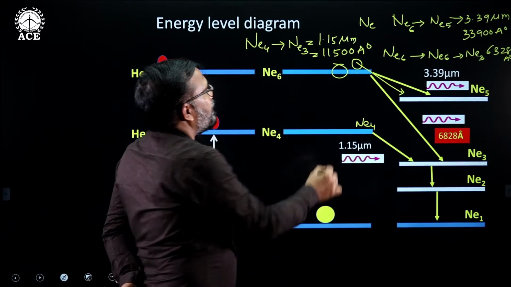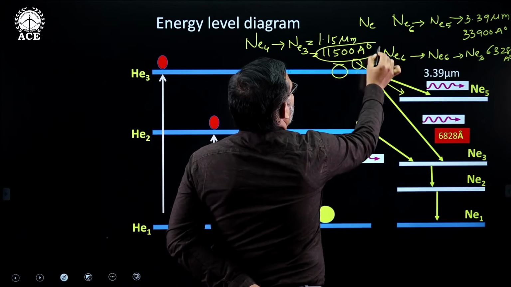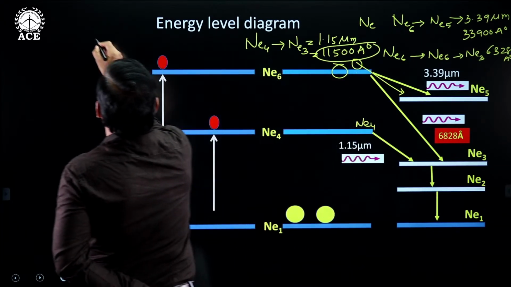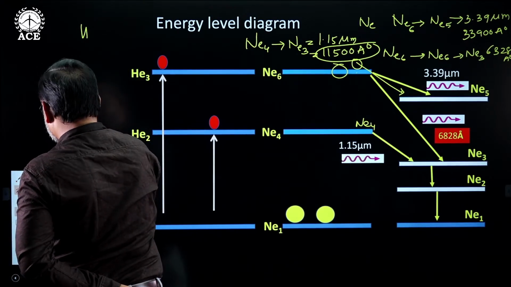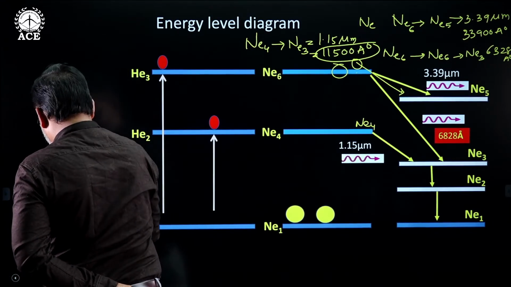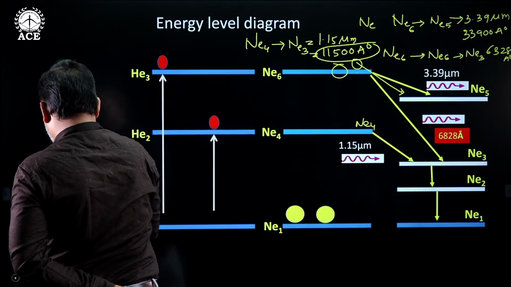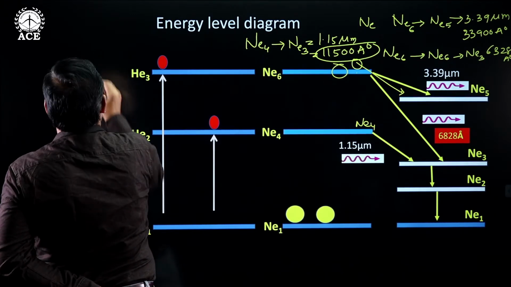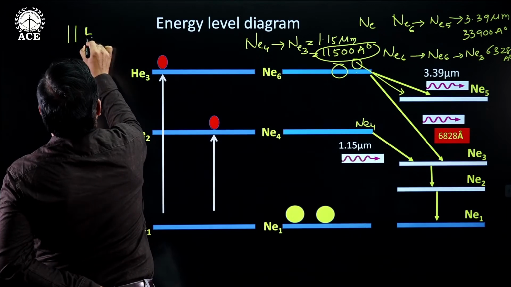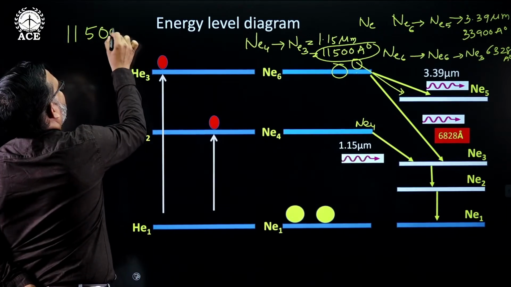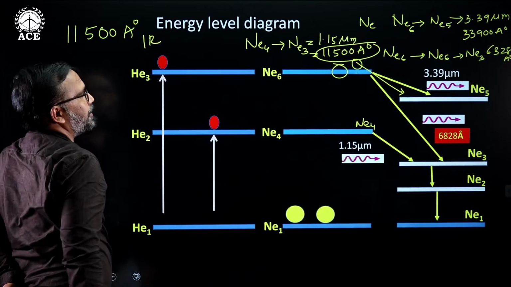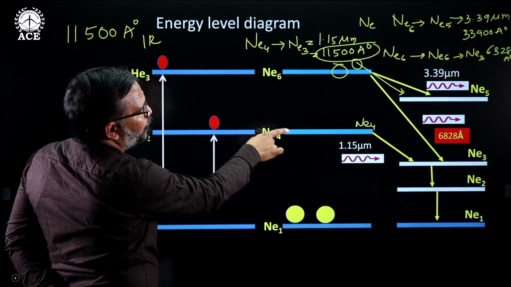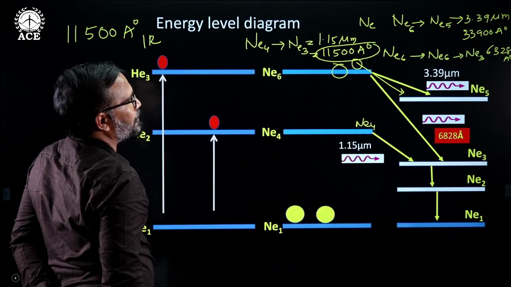You know that this is the infrared region. 11,500 angstrom is IR radiation, infrared radiation. Means the transition from Ne4 to Ne3 gives infrared radiation.